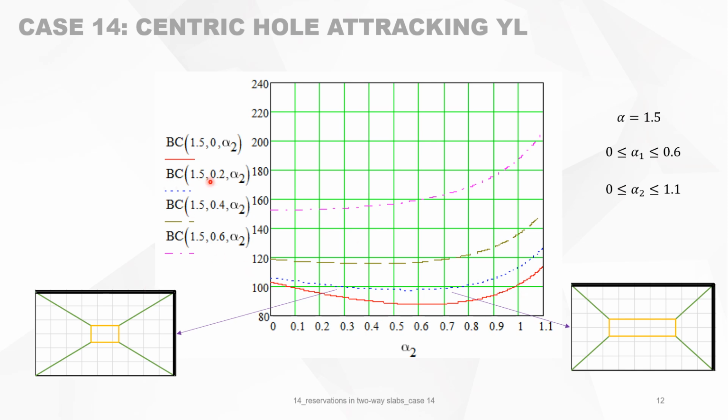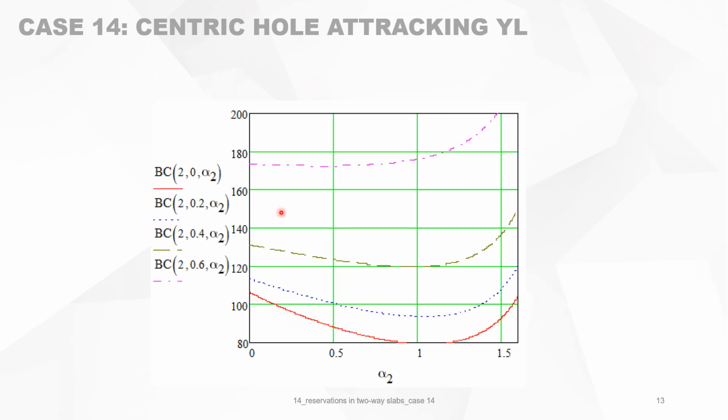So you see for alpha 1.5 and a dimension of the reservation of 0.2, alpha 2 between 0.3 and 0.7 you should avoid. All the others are fine. That's the use of those graphs.